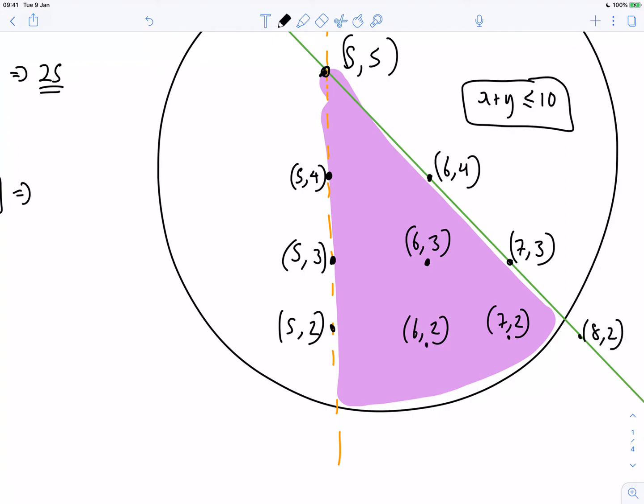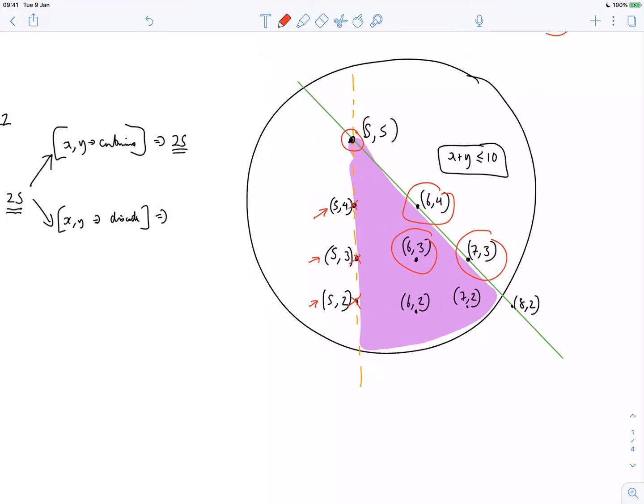The question is, we're not allowed this vertex because it's on an inequality line. So we've now got these points to consider. Those 3 points are nearest to the point in the top left, and we can't include these ones because they're on the inequality line.